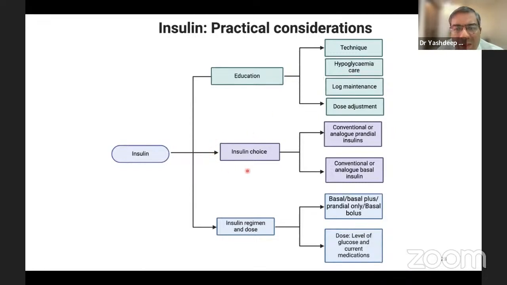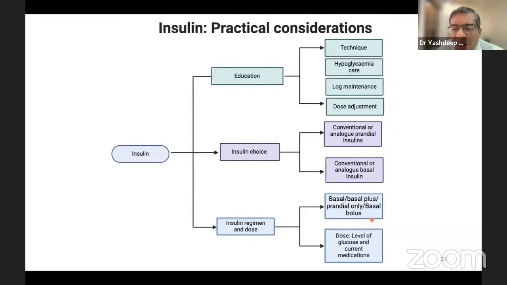For pregnancy per se, it's important that whatever insulin regimen we prefer during pregnancy is started beforehand, preferably 3 to 6 months before planning pregnancy. So either conventional or analogs, whatever we think will be better suited during pregnancy, it is better to switch beforehand.